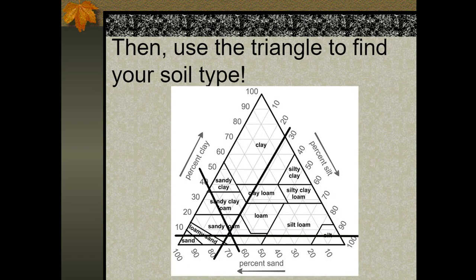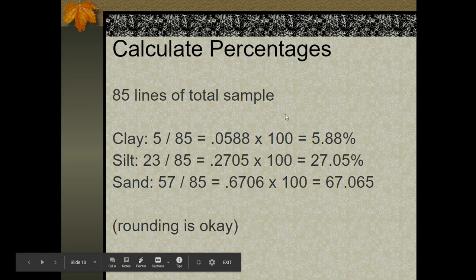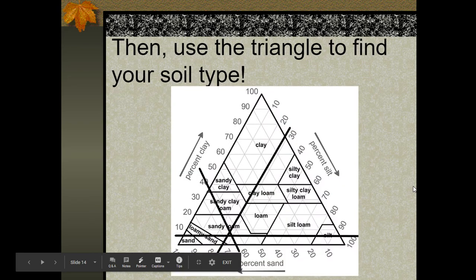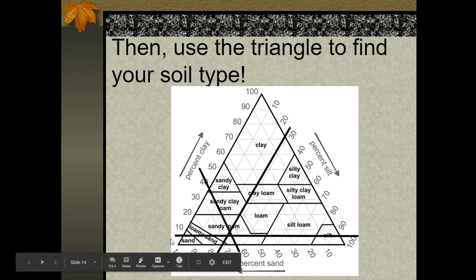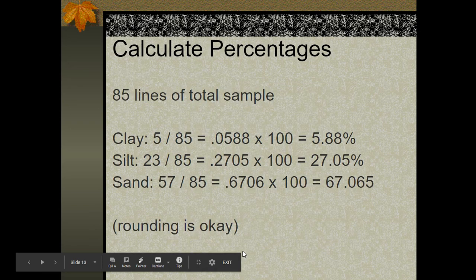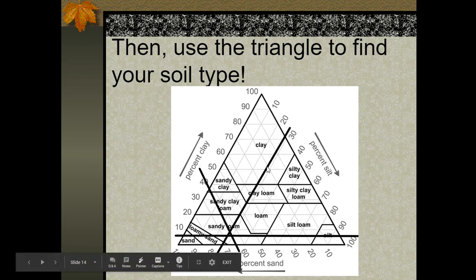Then the next thing I would do is take these percentages and use them on my soil texture triangle to figure out what my soil type is. Based on what I had for each one, about 7% clay, about 67% sand, and about 27% silt, this soil is a sandy loam.